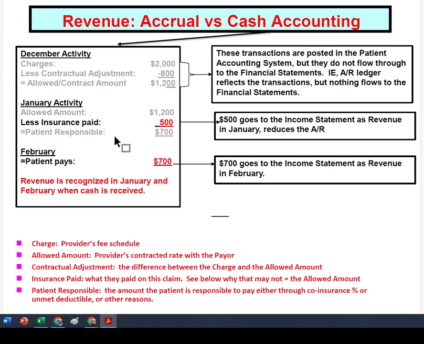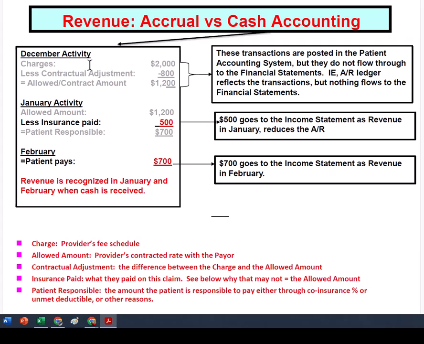We should talk quickly, if you're in the executive program, if you had my 451 class, we've already gone through this. Hopefully you did. Cash versus accrual accounting. Quick summary. In cash accounting, we record our revenue as the cash comes in.